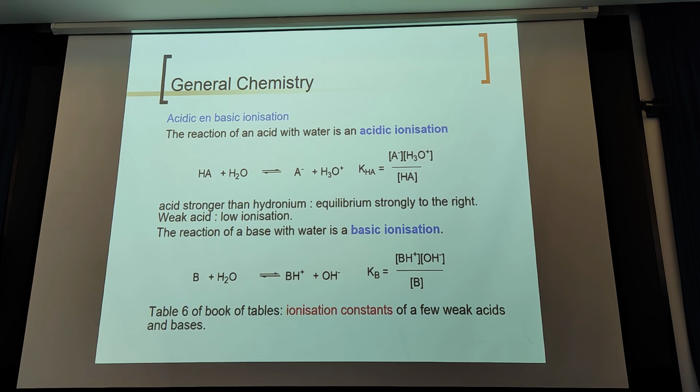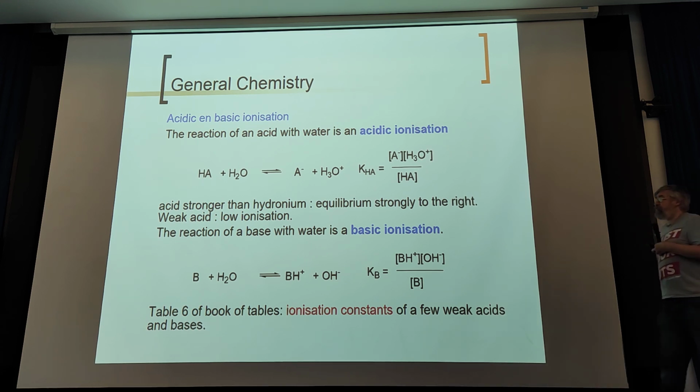That means that HA, the original weak acid, will give A-, the anion, which is the residue of the weak acid.